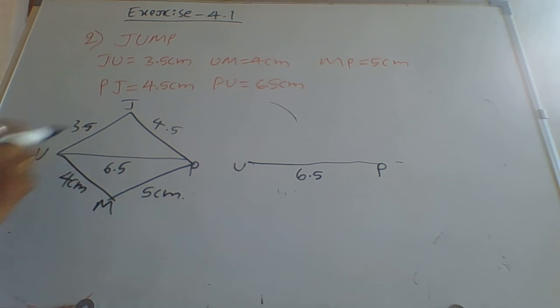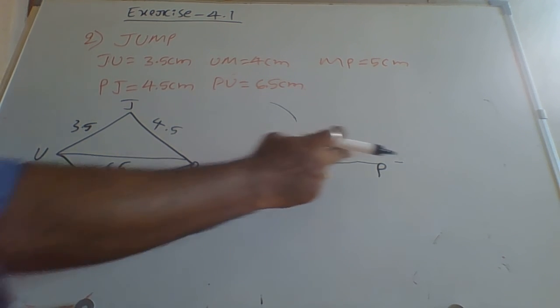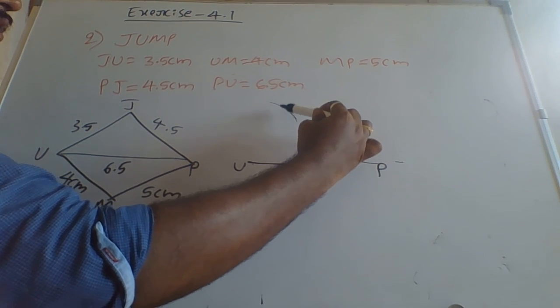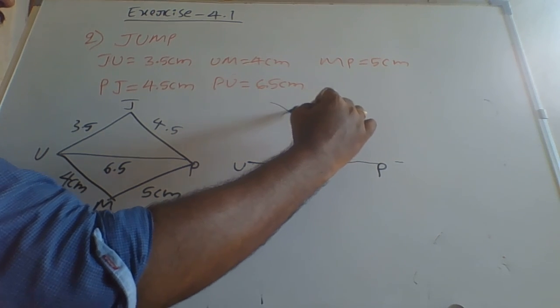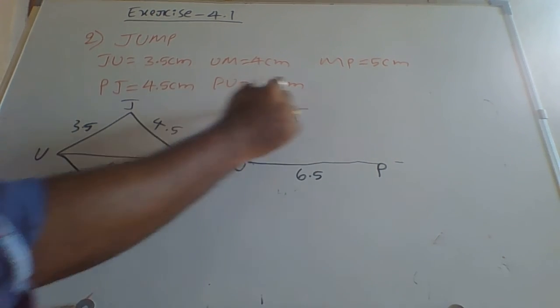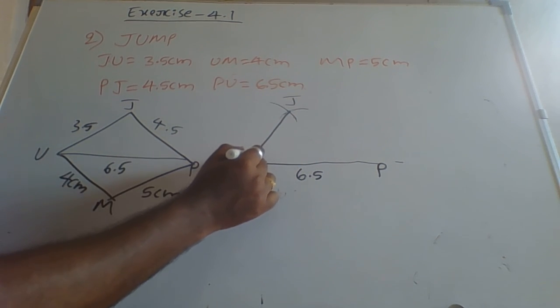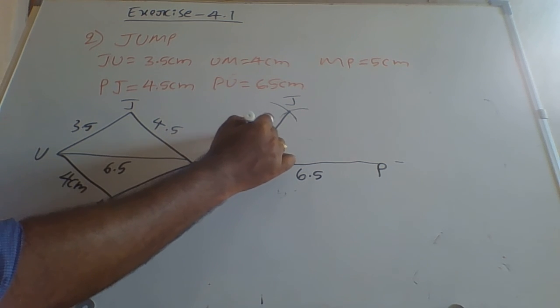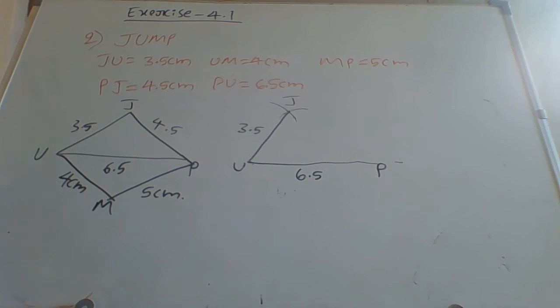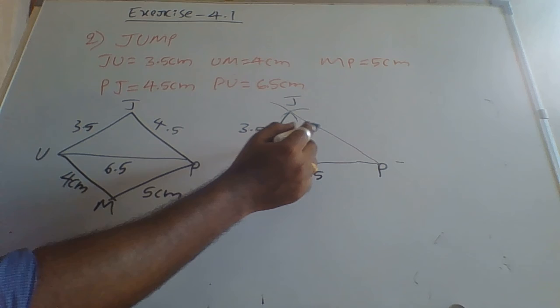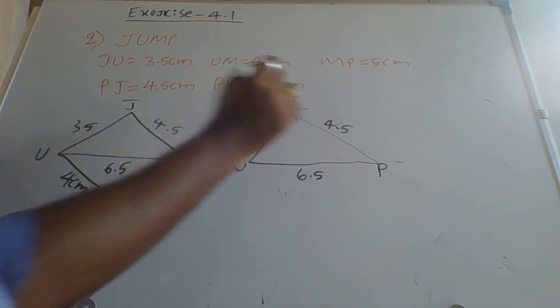And again from point P, J is 4.5 centimeters. Now consider 4.5 centimeters and from point P draw an arc. So now you got the point J here. So join point J with U, which is 3.5 centimeters, and point J with P, which is 4.5 centimeters.